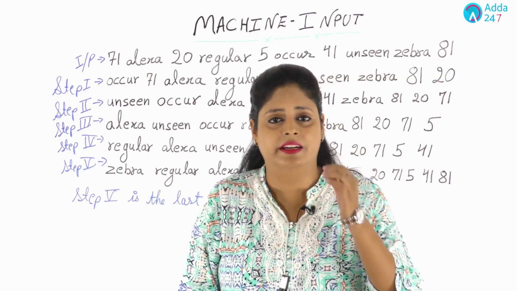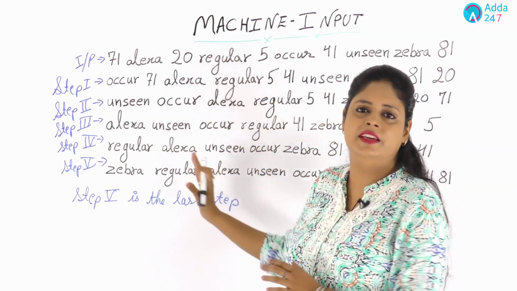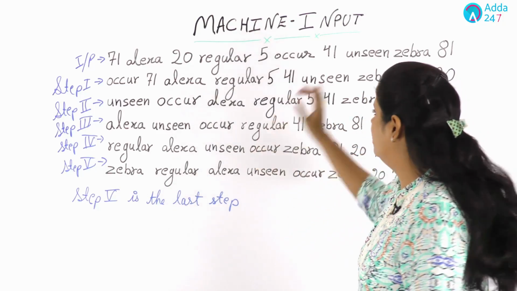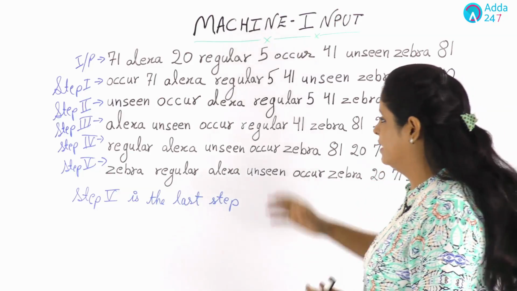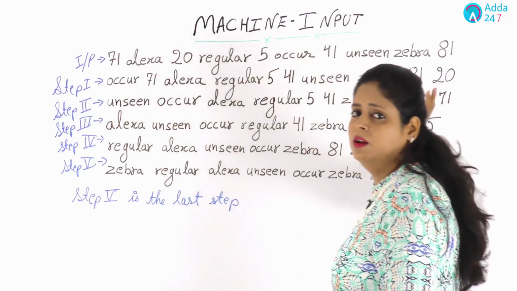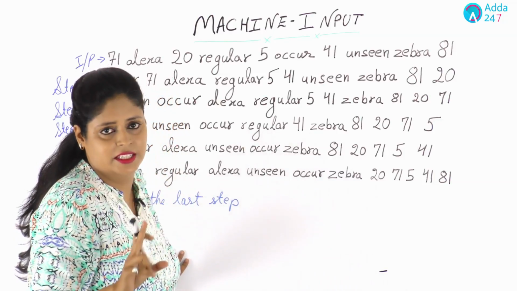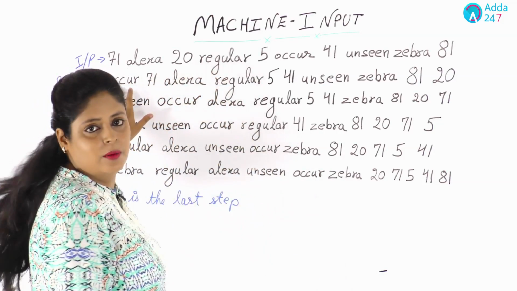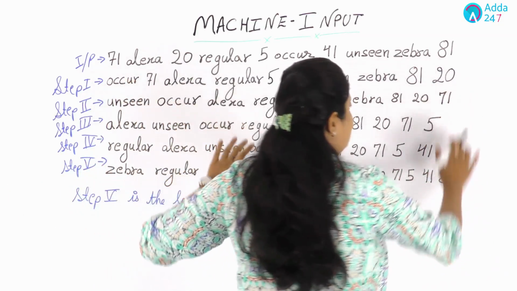Now our first concerned area is just to find out the logic of what is going on in the given input. The first basic criterion is to observe whether it is a single base shifting or a double base arrangement. Now we can clearly see that it is not a single sided one, it is a double sided one. How did we conclude that? Occur is coming in the first position in step first and 20 went to the last position.